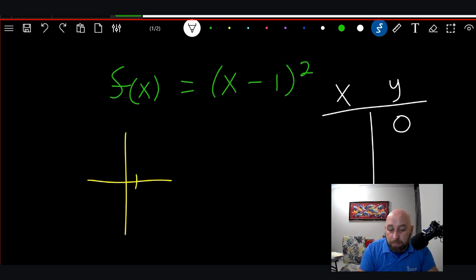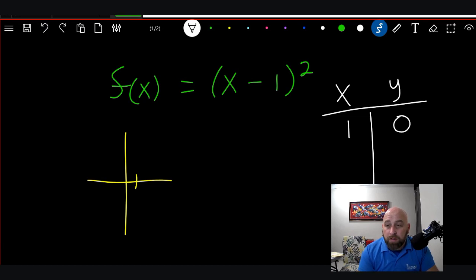You write a positive 1. Because the formula is negative, so it gets a positive 1. That's what moves it to the right, okay? So there you go. That's our vertex. Our vertex is shifted over one spot from the parent, okay?